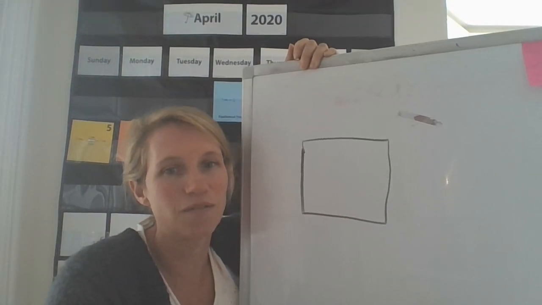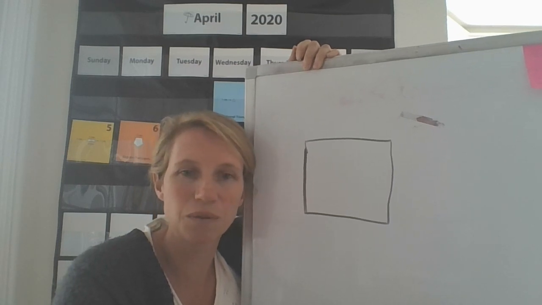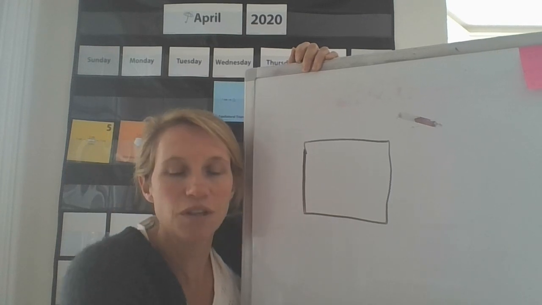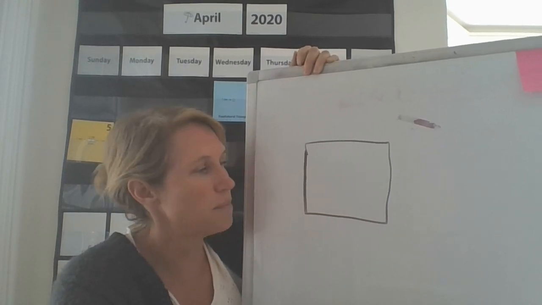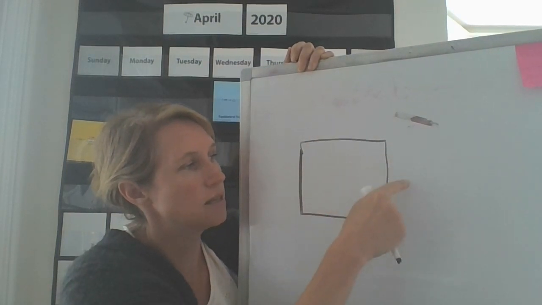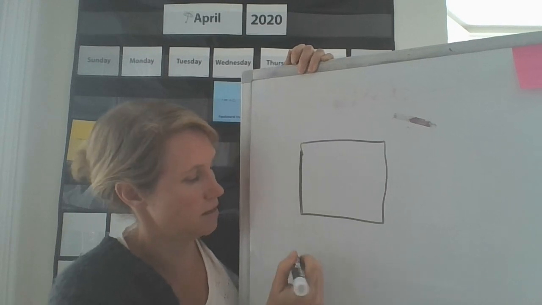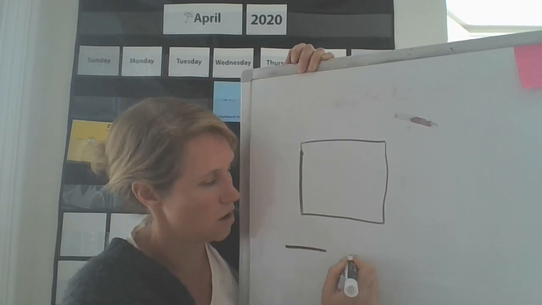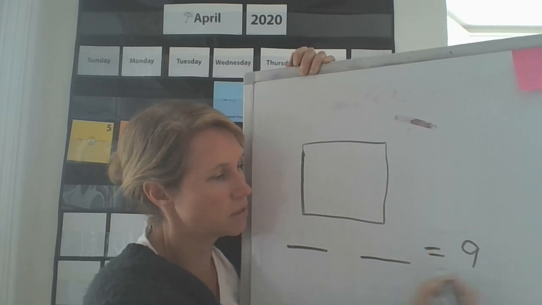If I want to solve this problem, I just need to think about what I know about squares. Well, squares have 4 equal sides. If I know that the total area of the square is 9, that means that 2 sides, when multiplied together, equal 9. So my first way to solve this problem would be to say, what times what equals 9?